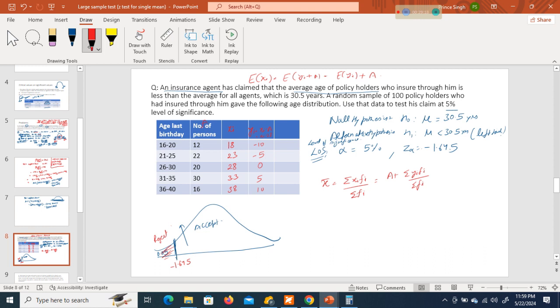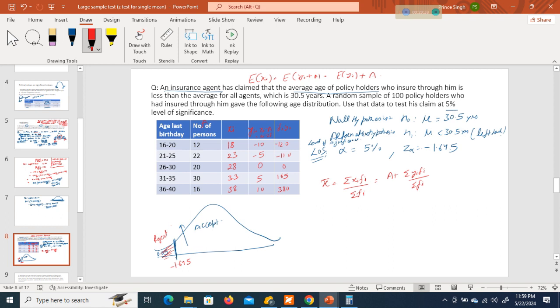Okay, so we can calculate their product, yi fi. So we take the product. This is minus 120, this is minus 110, this is 0, this is 165, this is 380.